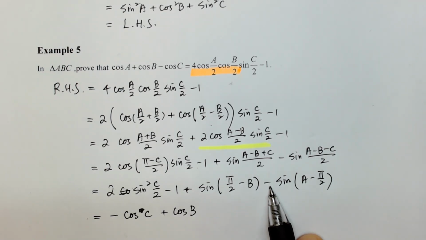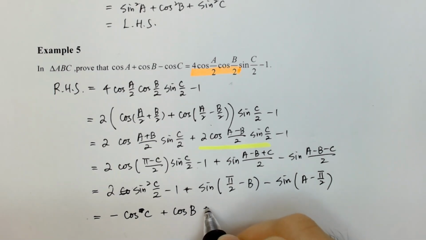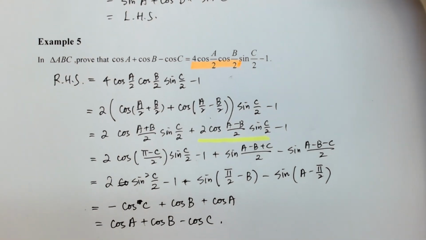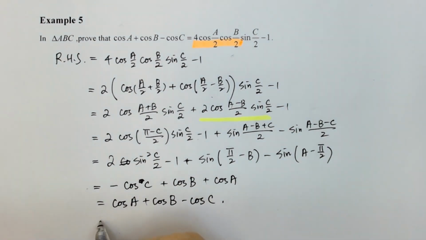And with the negative sign here, two negatives make a positive, so we have plus cosine A. And thus we have cosine A, cosine B minus cosine C. And that is the left-hand side.